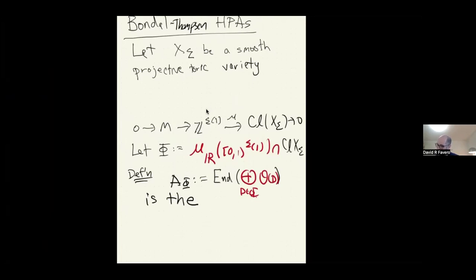And I will call this the bundle Thompson homotopy path algebra. So there's a special homotopy path algebra associated to any toric variety. This is just coming from convex geometry. I get this associated to a toric variety, I get some exact sequence.